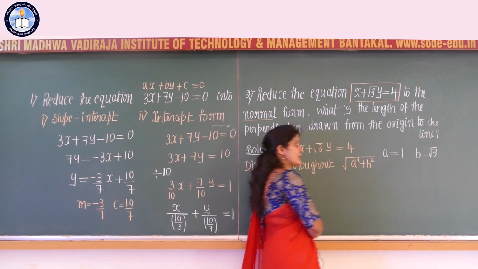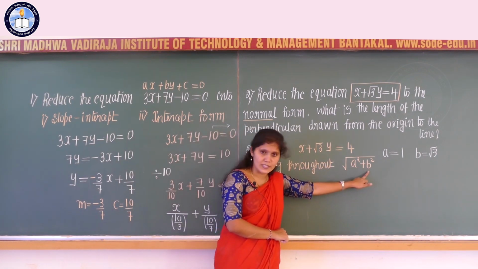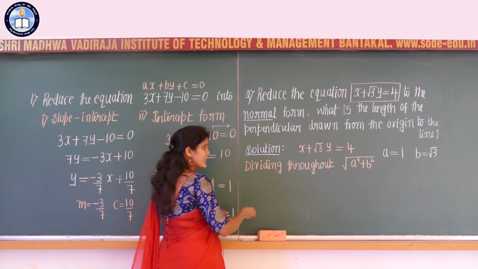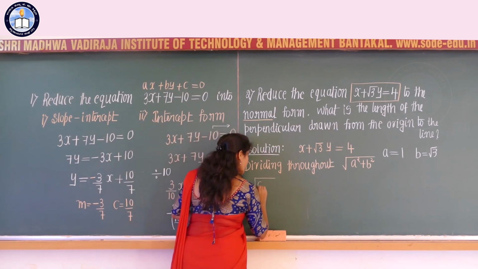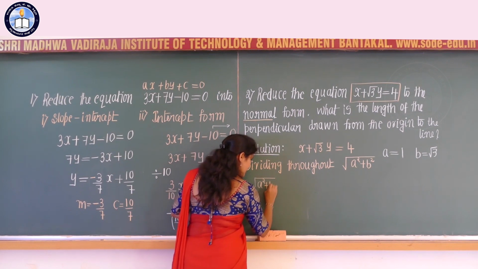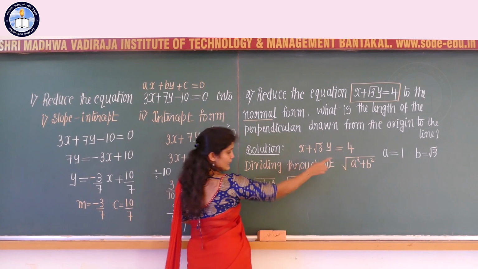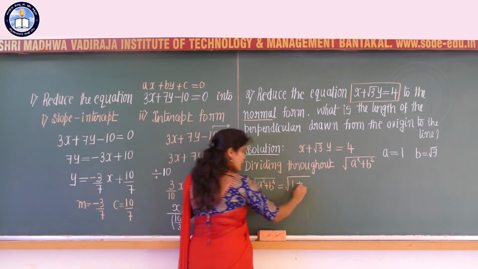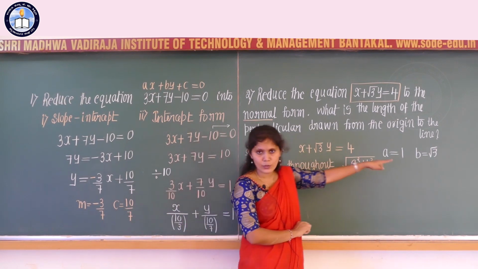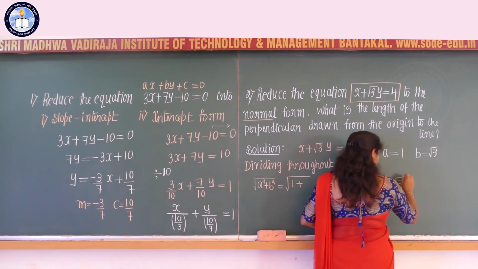Therefore we should divide throughout the equation by root of a square plus b square. Let me calculate this. Root of a square plus b square is root of 1 square, which is 1, plus root 3 whole square.